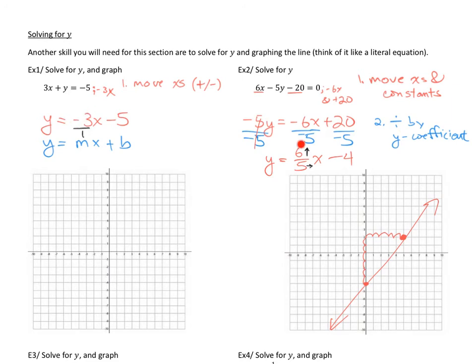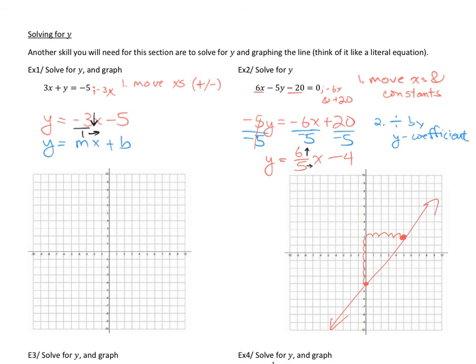Over here it was positive 6 over 5. Over here it's negative 3 over 1. So if you have a negative slope, you always want to put the negative in the top. So this negative 3 in the slope tells me I want to go down 3, and then the denominator, this 1, tells me I want to go right 1.